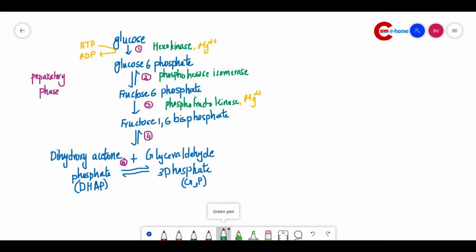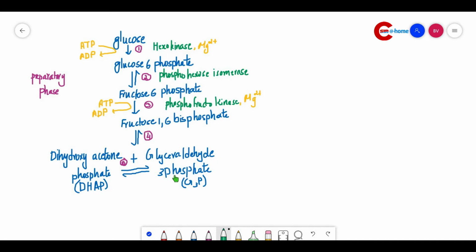So here also ATP is converted into ADP. The reaction is phosphorylation. With the help of this phosphofructokinase, ATP is converted into ADP, and fructose 6-phosphate becomes fructose 1,6-bisphosphate, and this is a regulatory enzyme that is specific to glycolysis.